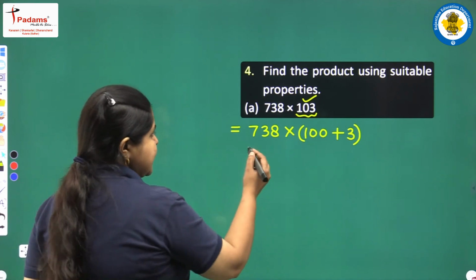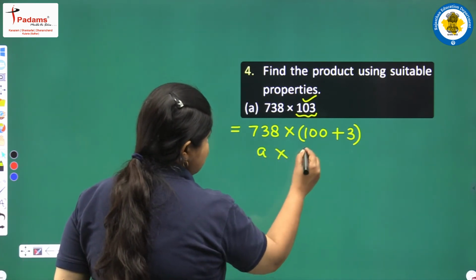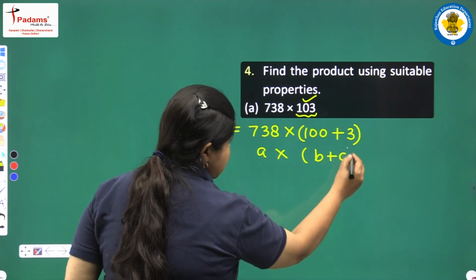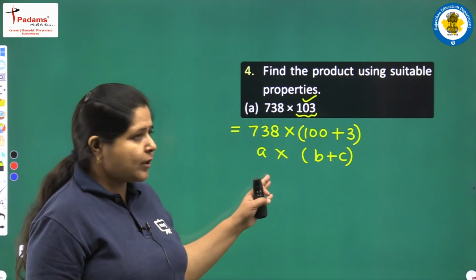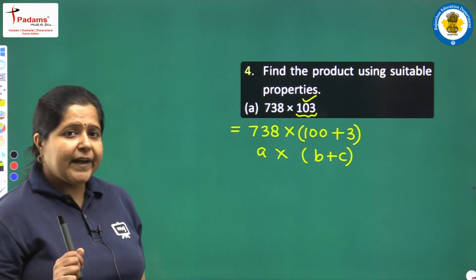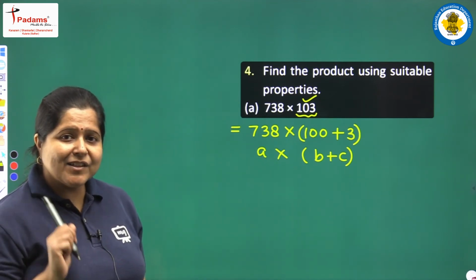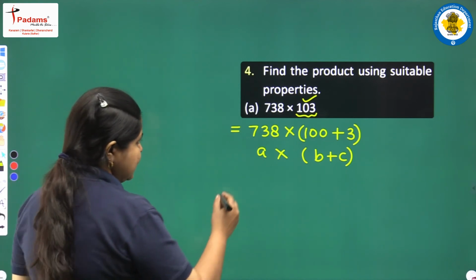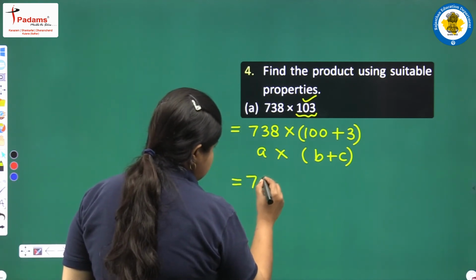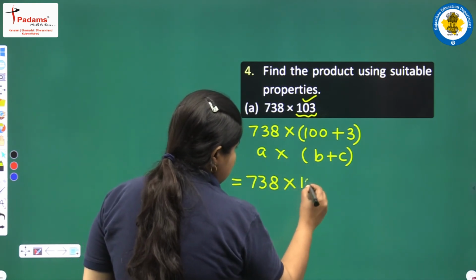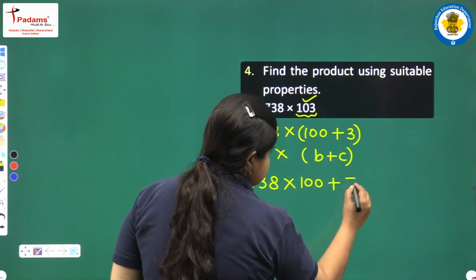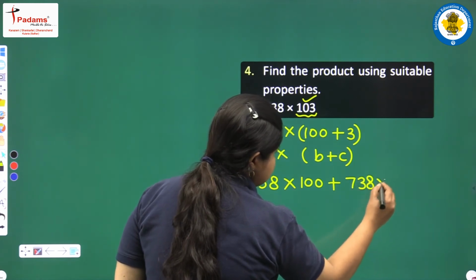Now this is again of the form A into B plus C. You can resemble the two given equations or the numbers. What do you find here is, we will apply the distributive property. With this we will multiply 738, or we will distribute this 738 to 100 and then plus distribute it to 3.